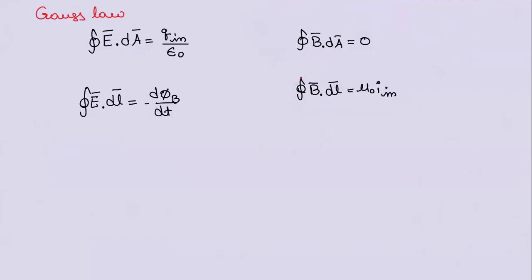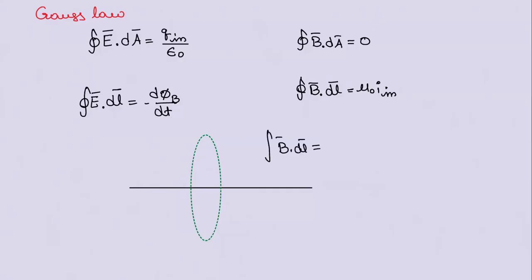Okay, let us understand the logic here. Suppose you take a wire like this, and you take an Amperian loop like this. Let us make it a dotted line so you will not feel it's a wire or something. Now, if you want to use B dot dl, definitely you can use integral B dot dl equal to mu naught times I in.